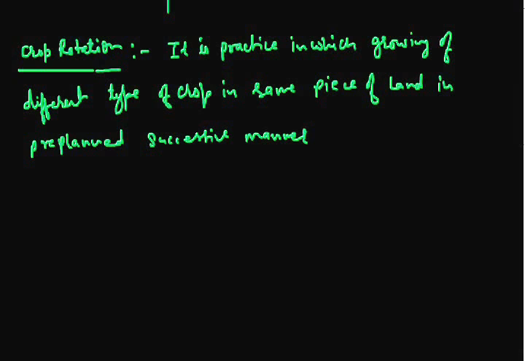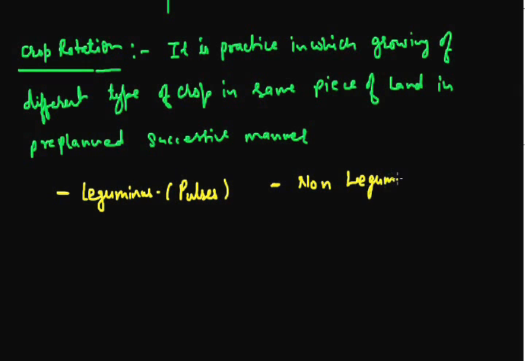In this technique, we use two types of crop. One crop is leguminous. Leguminous crop means the crop related with pulses. Pulses means dal. The second crop is non-leguminous. Non-leguminous means cereals and any other food crops.